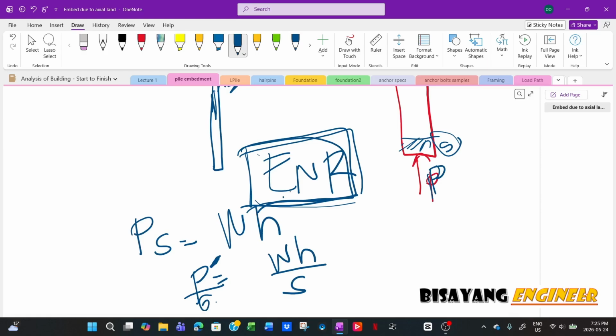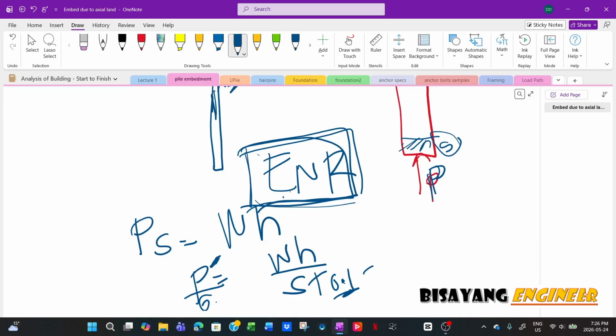Now, this is, I think, plus 0.1. This 0.1 is if this is a diesel hammer, I think. It's been a while since I designed a driven pile, so there's a constant here. I think 0.1 is if it is a diesel hammer. I can't remember, diesel hammer or drop hammer.